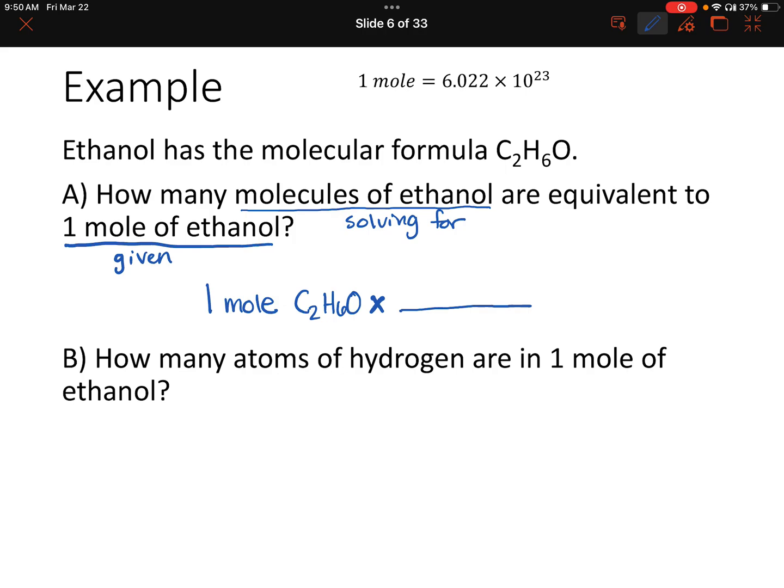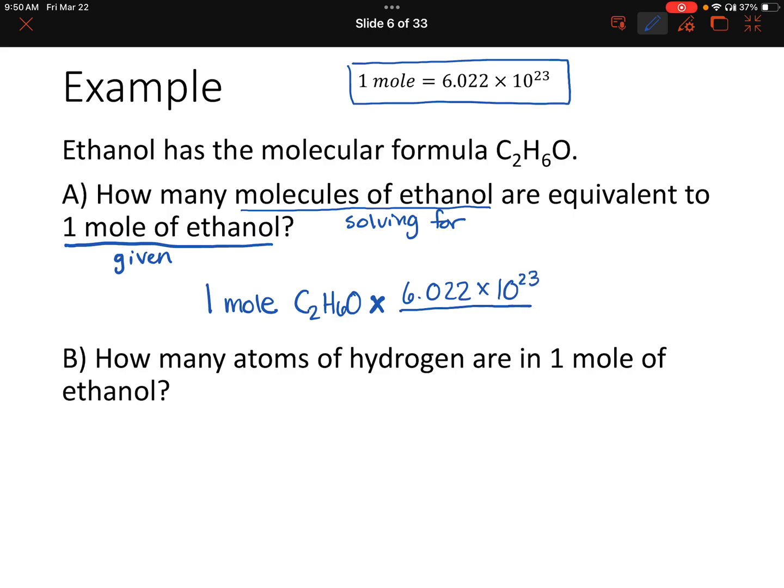Looking up above, we have our conversion factor again. This time we want the right-hand side of our equality, because that's going to allow us to count how many molecules of ethanol we have. So I'm going to write 6.022 times 10 to the 23rd.